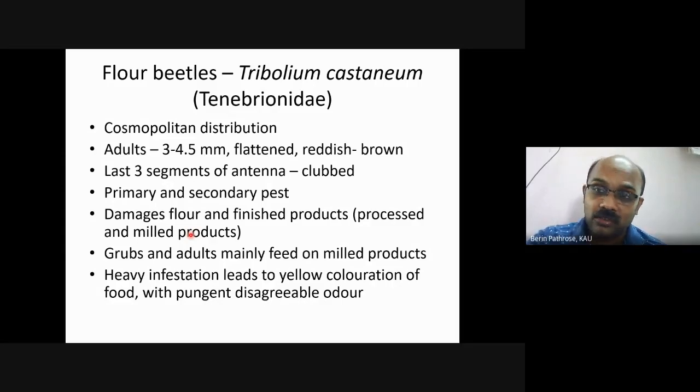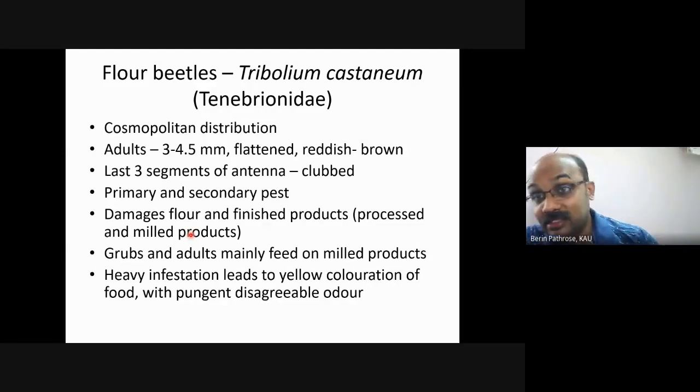It not only infests flour, it's a pest which attacks processed products. It's a secondary pest. It's not at all a primary pest of whole grains, but it's a pest of processed products. Theoretically speaking, it's a secondary pest because it can't feed on whole grains. But it's a primary pest of processed products.